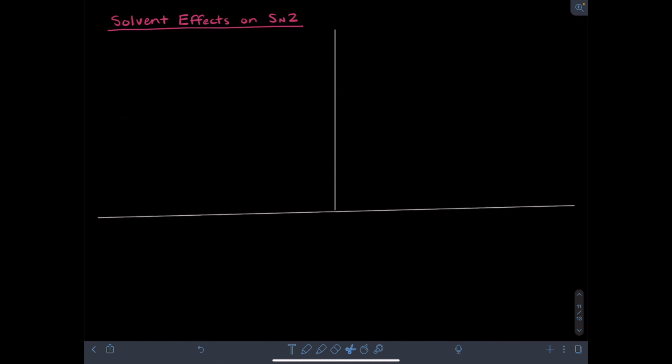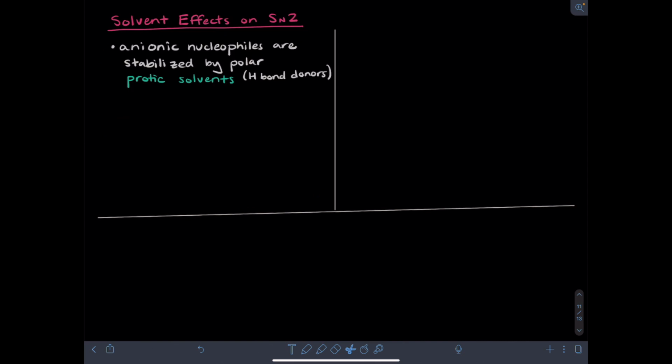So, going from the starting material to the transition state, you have diminished negative charge. And let's look at what types of solvents could stabilize the negative charges compared to those that will not stabilize them. The anionic nucleophile starting material is going to be stabilized if it can hydrogen bond to the solvent.